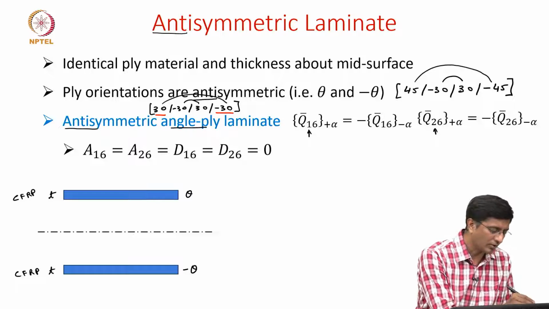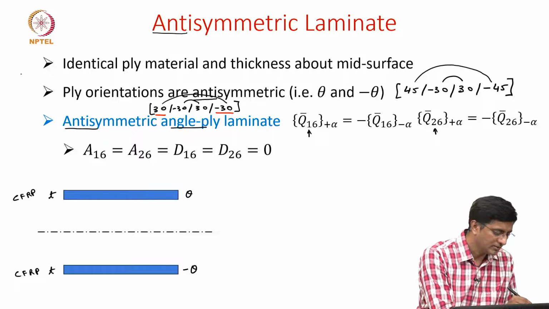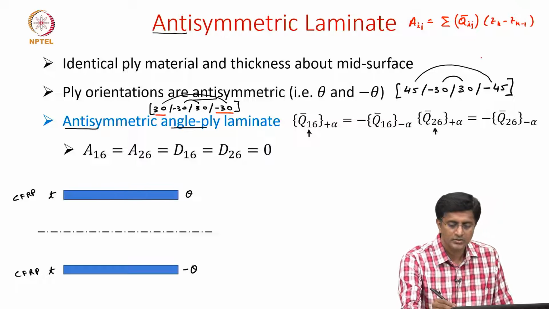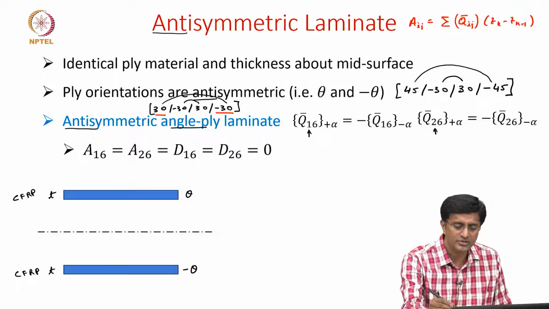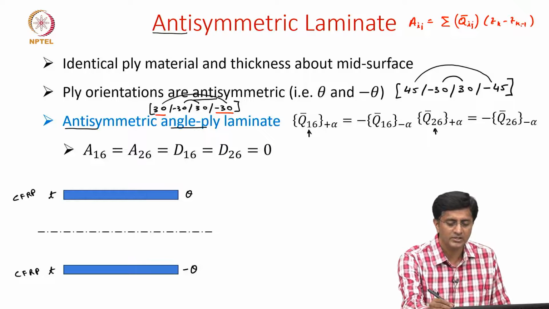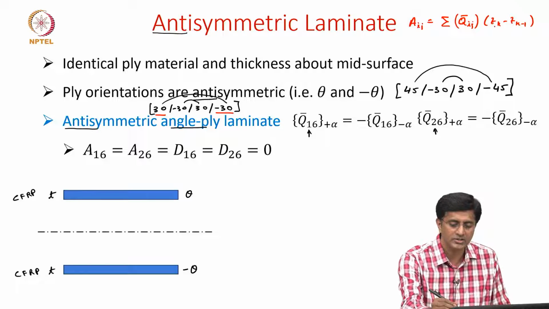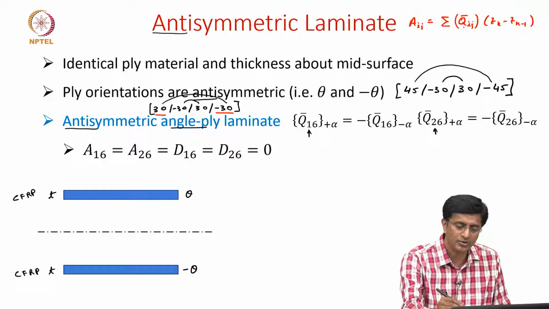So if you are writing the A matrix, Aij is the summation of the Qij terms times Zk minus Zk minus 1. Since both the top layer and the bottom layer have the same thickness, we need not bother about these Z terms. We only need to bother about these Q terms.